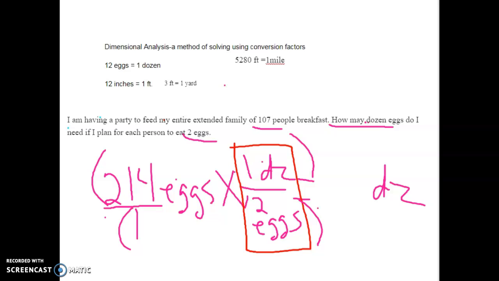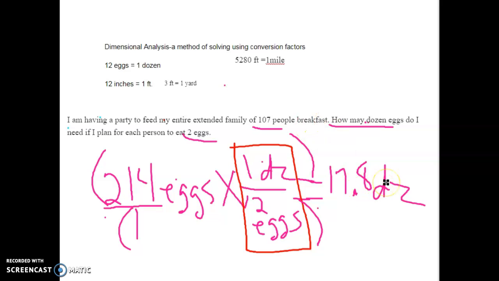Let me grab my calculator really quick. So if I take 214 divided by 12, it equals, I know this is messy, 17.83 dozen. So obviously I'm probably not going to buy part of a dozen, so I would round it up to 18 when I go buy my eggs. But this tells me I need 17.8 dozen.